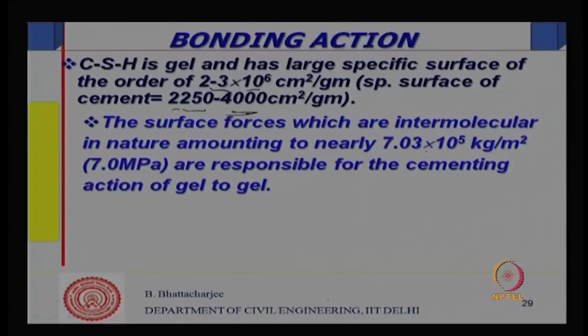Therefore, the particle sizes are colloidal, very small if you think in terms of particles. They are very fine, and therefore surface forces start acting and dominating, and the surface forces, which are intermolecular in nature, of the order of around 7 MPa, are responsible for the cementing action of gel to gel.